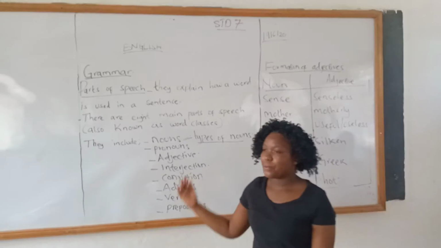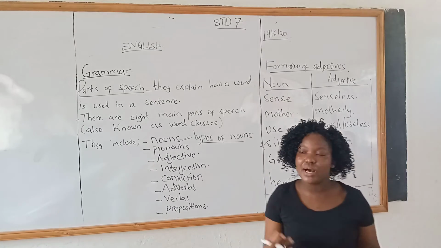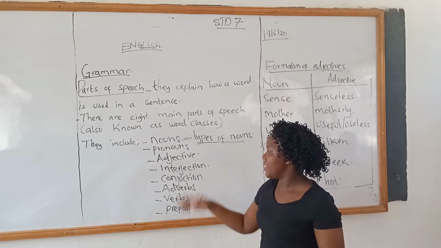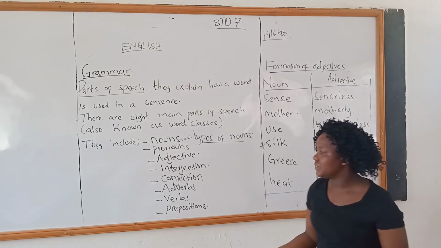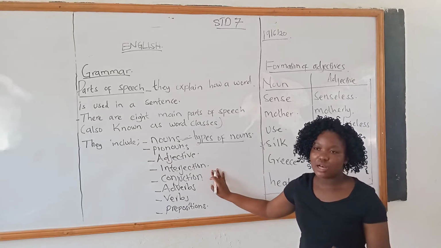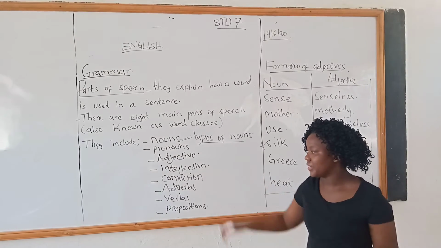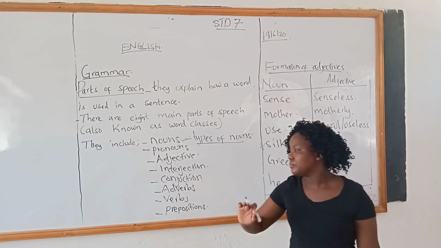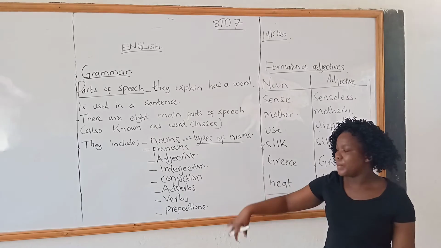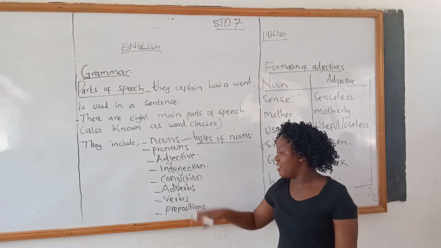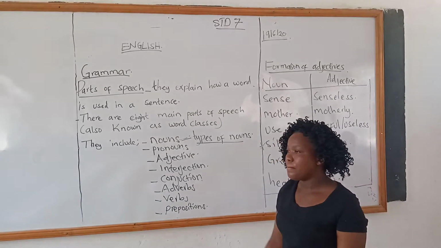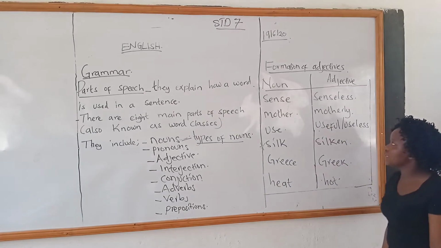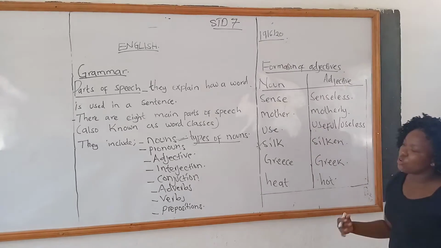We also have a pronoun, a word that is used to replace a noun. We have adjective, a describing word; interjection, a word that expresses our feeling; conjunction, a joining word; adverbs, which tell us more about the verbs; and we have verbs, a doing word; preposition, a word that shows relationship between one or two things. Then you say formation of adjective.